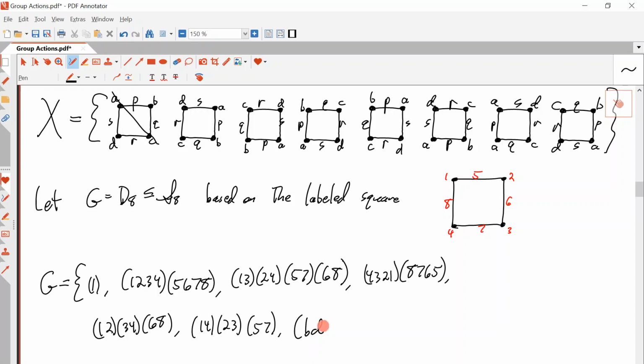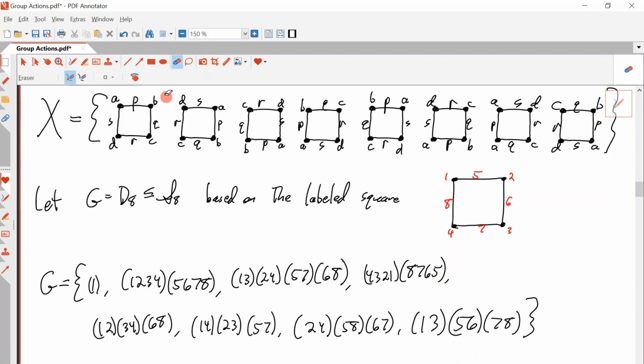And then there's this reflection, right? B goes to D, A and C are fixed. And then 5 goes to 8, 6 goes to 7. And then that reflection, 2 and 4 are fixed, 1 and 3 got swapped, and then for edges, 5 and 6 are replaced with 7 and 8.